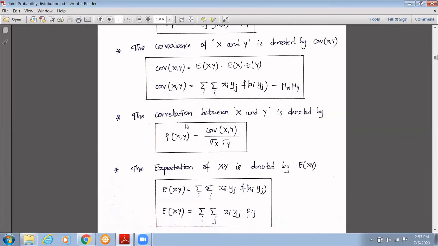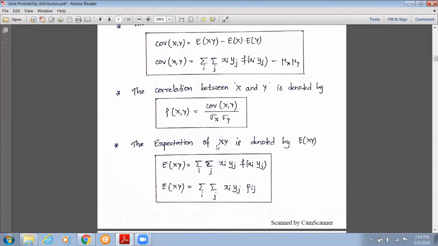Next, the correlation between x and y. For given two random variables x and y, we denote the correlation as rho of x comma y. Rho of x comma y is equal to covariance of x comma y divided by sigma x into sigma y, where sigma x and sigma y represent the standard deviations of x and y.